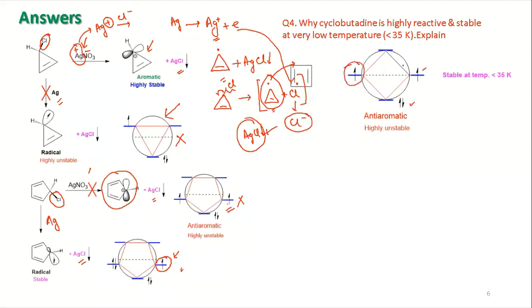So if you have two unpaired electrons, what is their job? The reactivity will be very, very fast. So they will react easily. That means this is very, very unstable. It cannot be stabilized in its monomeric form at room temperature. It is stable only at very low temperature, 35 Kelvin.